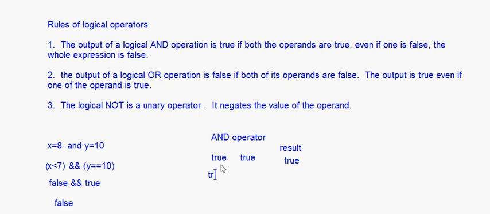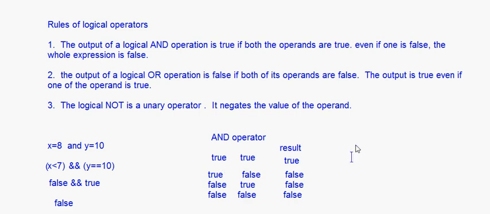And if it's true and false, the result will be false. If it's false and true, then again the result will be false, and if both are false, then the result again will be false, right? This is the truth table.